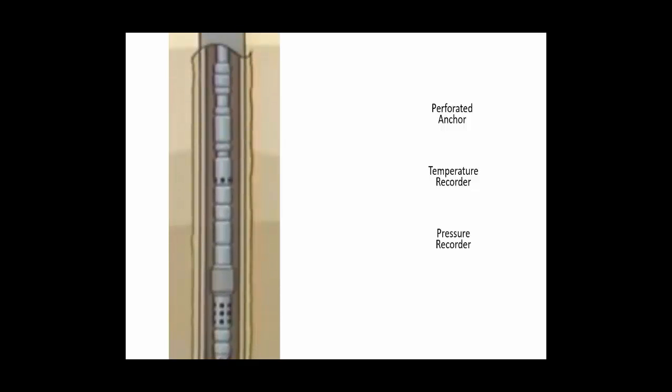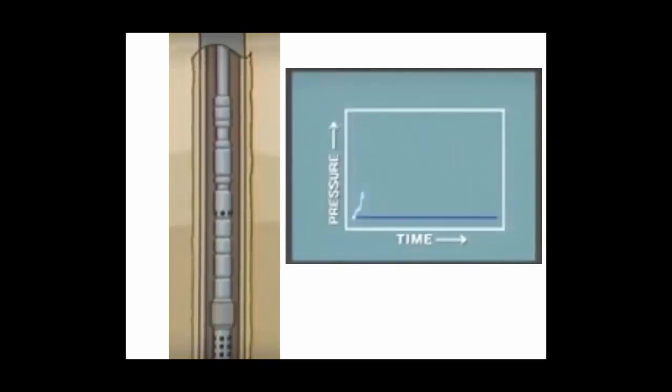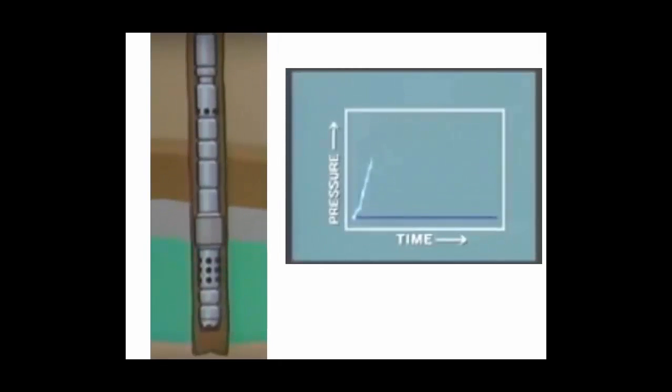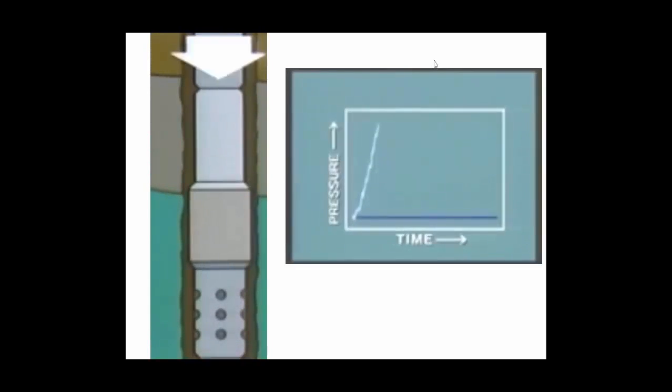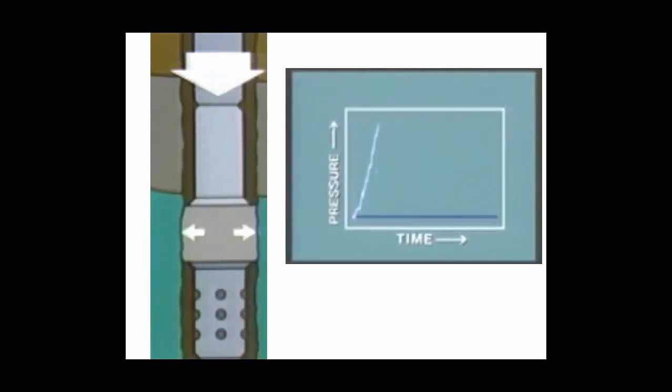As the tools are run into the hole, the increasing hydrostatic pressure of the mud column is recorded by the pressure gauge. When the tools reach the depth of the formation to be tested, the packer is set against the wall of the hole or casing, thereby isolating the pressure of the mud column from the pressure in the test zone.